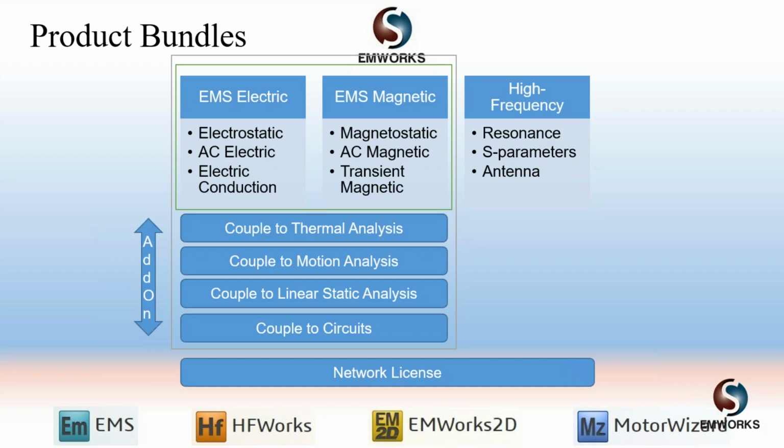EMS allows us to do a lot of multiphysics simulation, and these are packaged as add-on products. You can couple to thermal, motion, linear static simulation, as well as circuits in EMS. And finally, EMS supports both activation and network-based license.